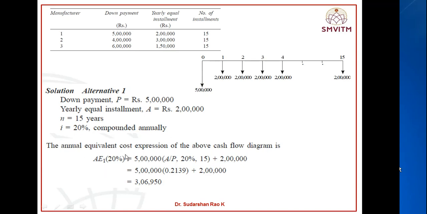Therefore the annual equivalent cost of this cash flow is 5 lakh, with the present amount converted to an annuity using the factor A by P, which you can take from the discrete interest factor table, A by P 20% 15 years, plus 2 lakh, which is an annuity only.